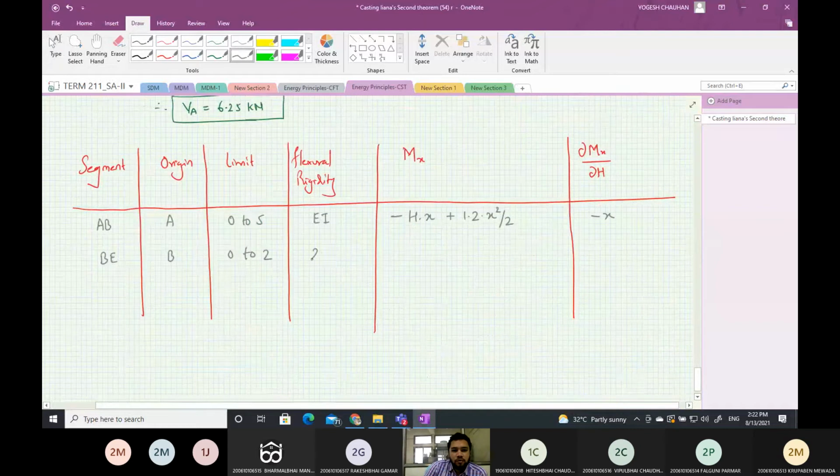Flexural rigidity here is 2 EI because I is twice of column member, so it is 2 EI.